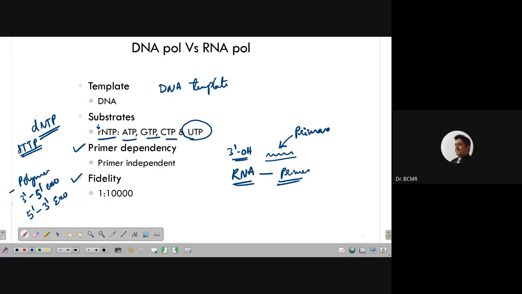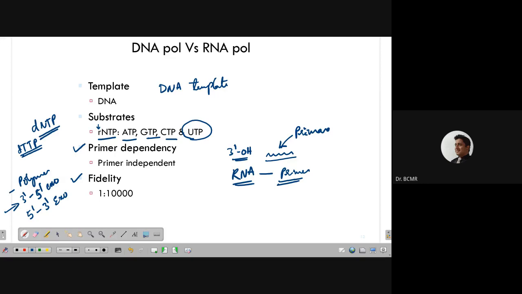This 3' to 5' exonuclease activity increases the fidelity. That means if there is an incorporation of a wrong base, then it can remove it and restart, so that the wrongly incorporated one is eliminated from the DNA sequence.